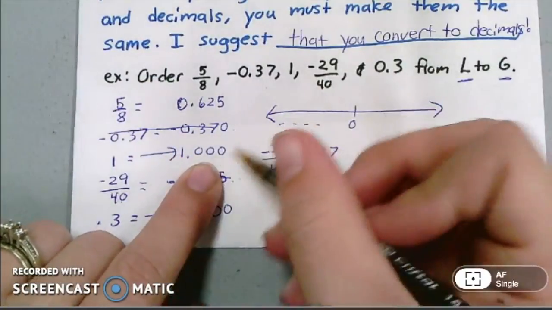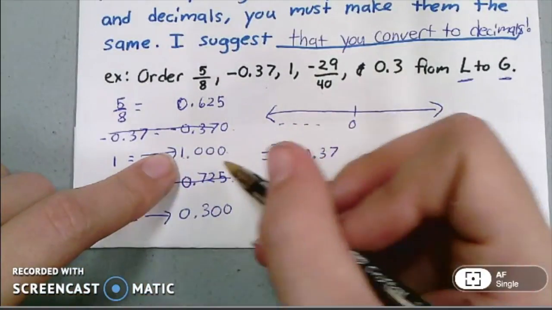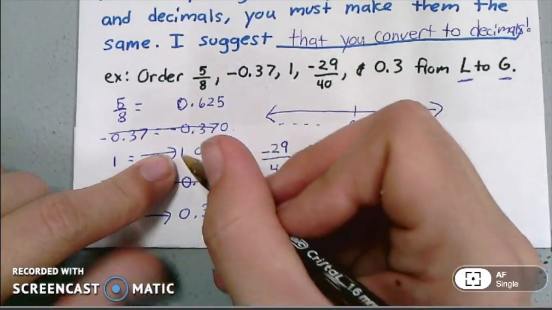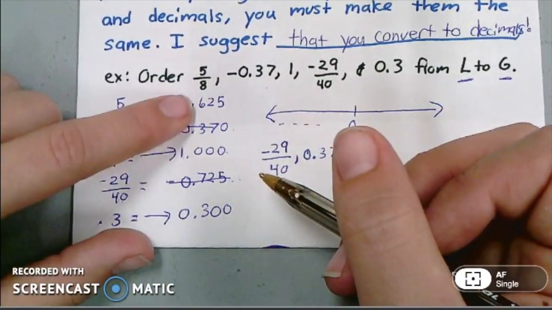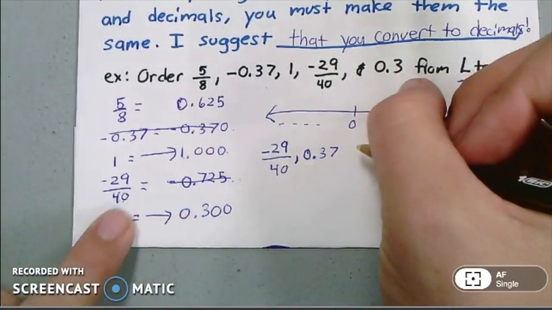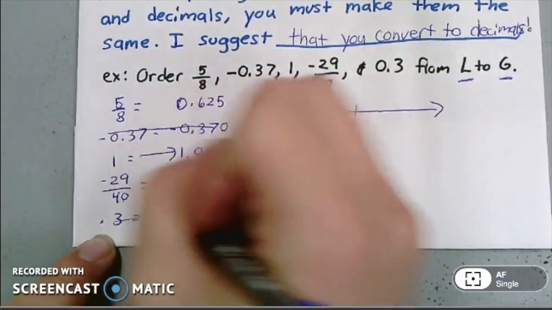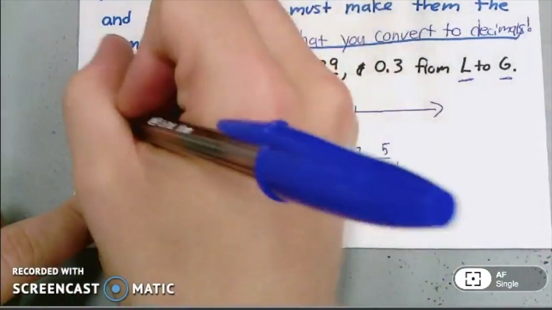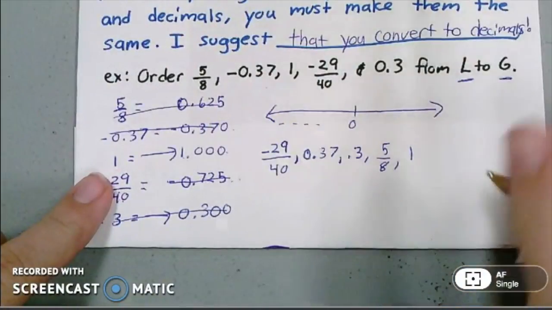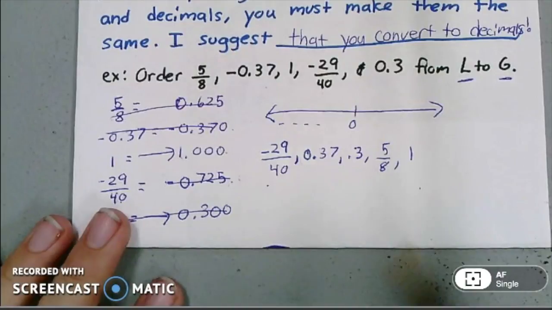This one can be deceptive because there's all these zeros here, but don't forget this one's got a whole number. So that's going to be way later on. Whole numbers are always bigger than decimals. So we've got 0.300, which is 0.3. And then we have 5/8. And then last but not least, we have 1. And there we go. Now I have them all ordered from least to greatest.